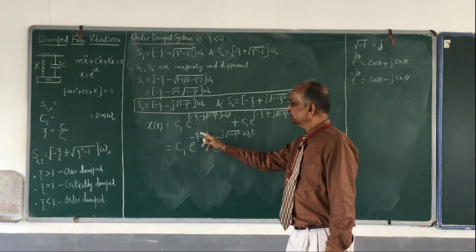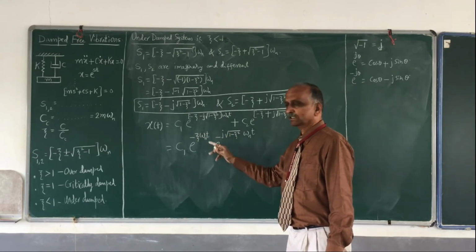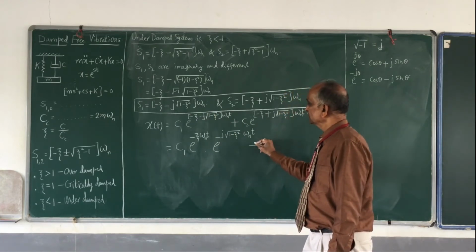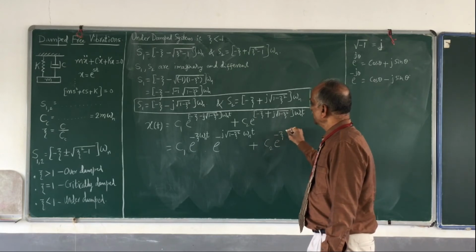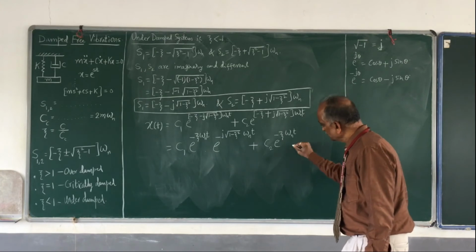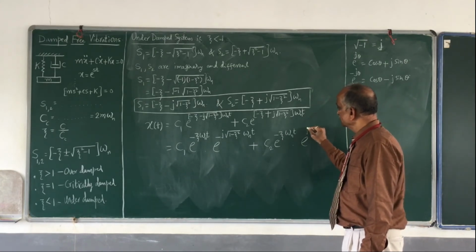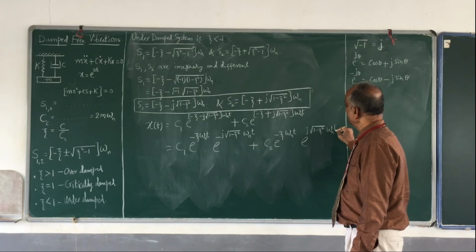So e raised to a into e raised to b is nothing but e raised to a plus b, the same thing what you get. Plus similarly C2 into e raised to minus theta into omega n into t into bracket e raised to plus j into root of 1 minus theta square into omega n into t.